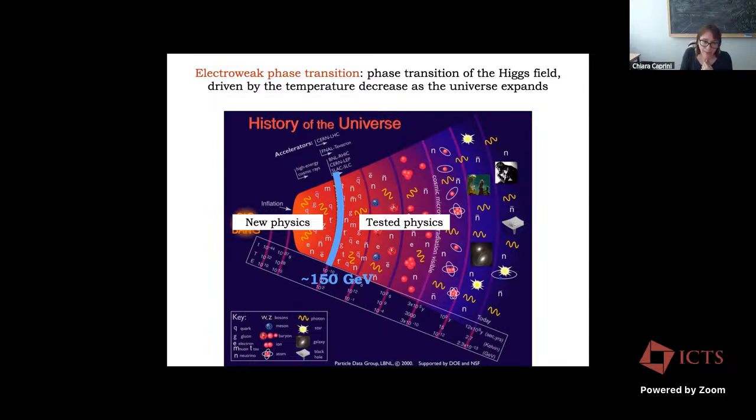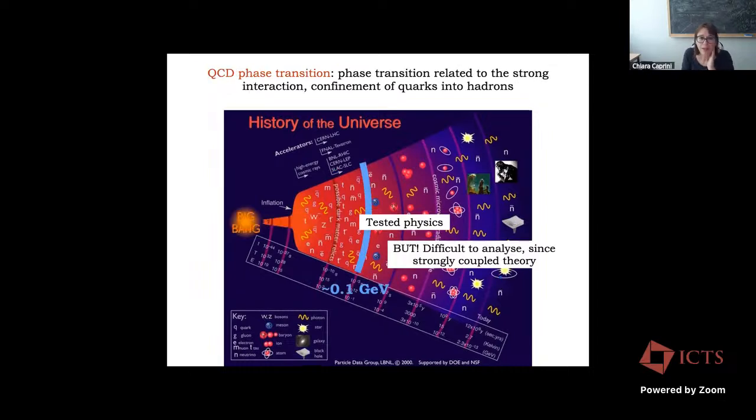And then another, and this is the frontier between tested physics at colliders and new physics, is an energy scale a bit further than the 150 GeV, so the TeV scale. Then further down in energy, we have the QCD phase transition, which is the confinement of quarks into hadrons. So this is now far into the region of tested physics.